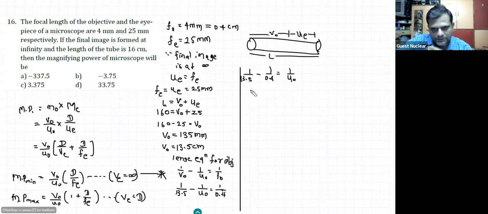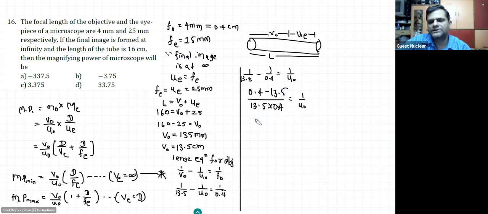Just multiply it here. If we cross multiply, we will get 0.4 minus 13.5, and that is to be divided by 13.5 into 0.4. We directly cross multiplied, and that is going to be 1 upon UO actually.